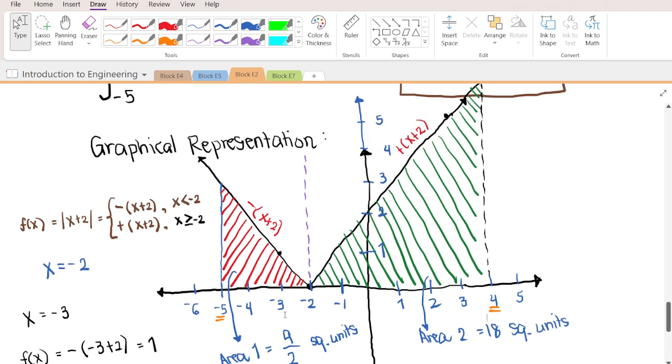Okay, so in engineering applications, this will be useful in many different practices. For example, in civil engineering, you might need to find how much force is distributed per square area.